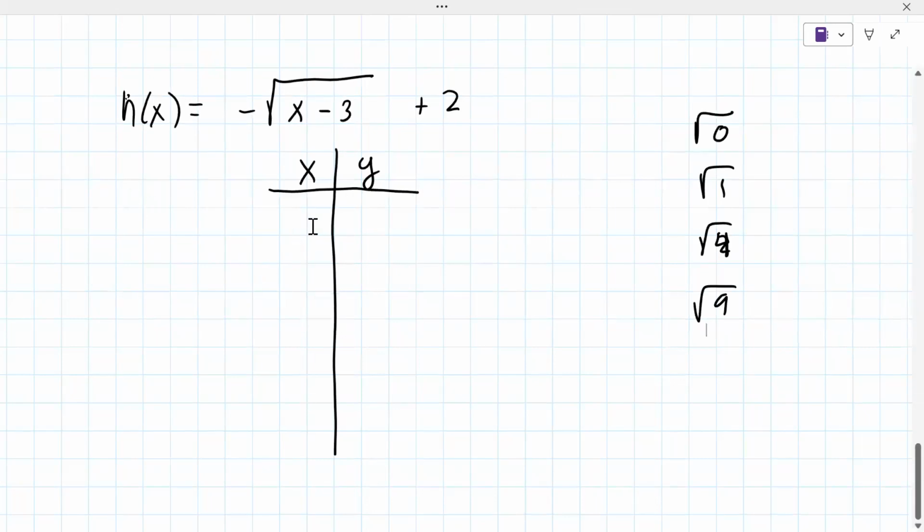I want you to tell me the 4 x values that go here. The 3, 4, 7, and 12.